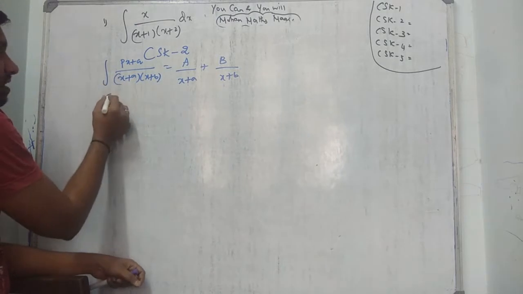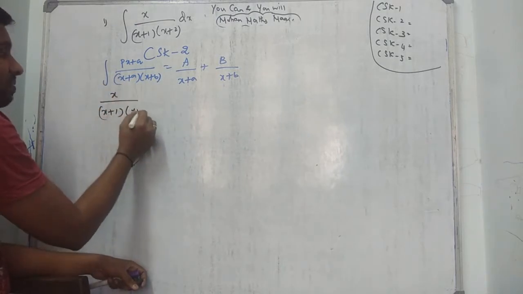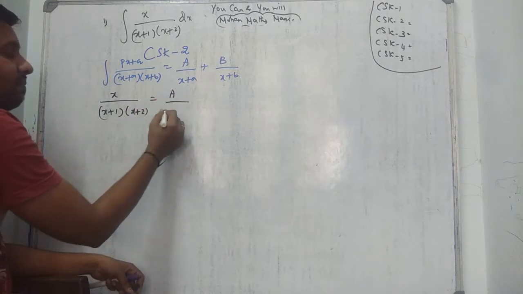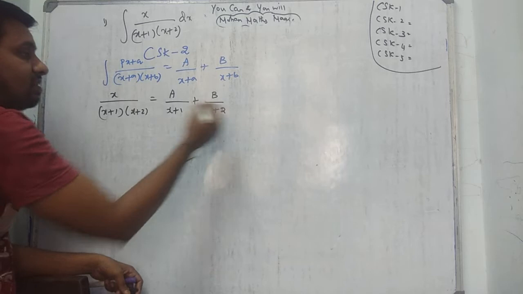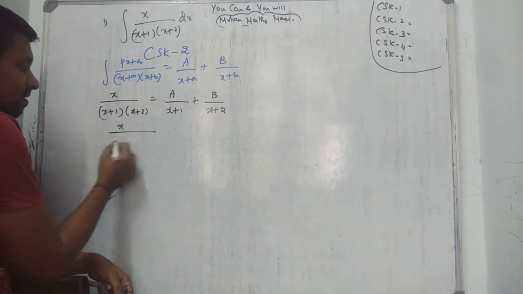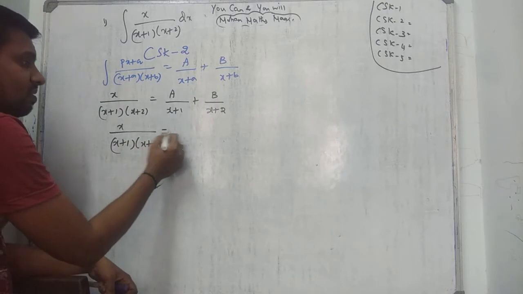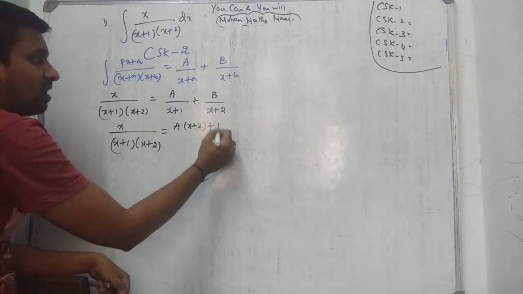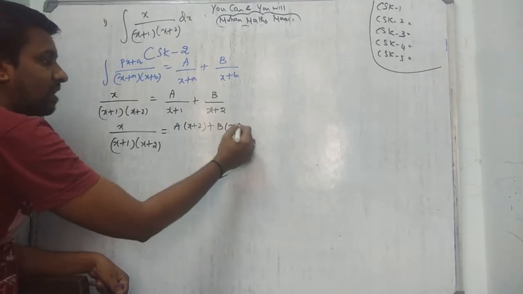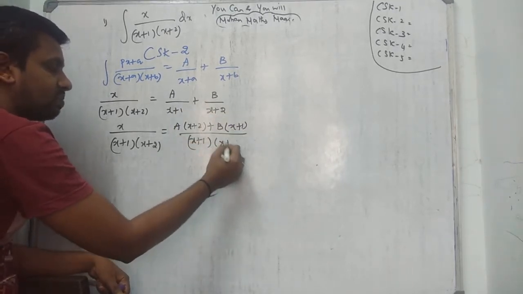So now I will write. No need to put the integration symbol now. x upon (x plus 1) into (x plus 2) equals A upon the first bracket plus B upon the second bracket. For all sums, the same concept applies. Take the LCM, cross multiply: A into (x plus 2) and B into (x plus 1), with denominator (x plus 1) times (x plus 2).